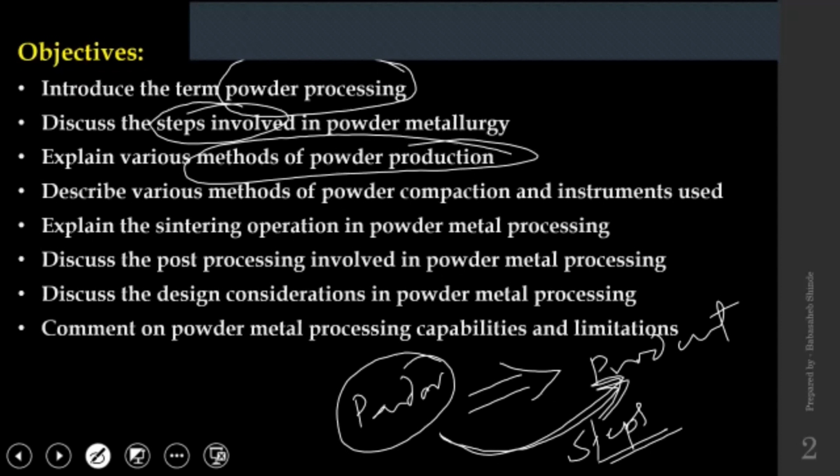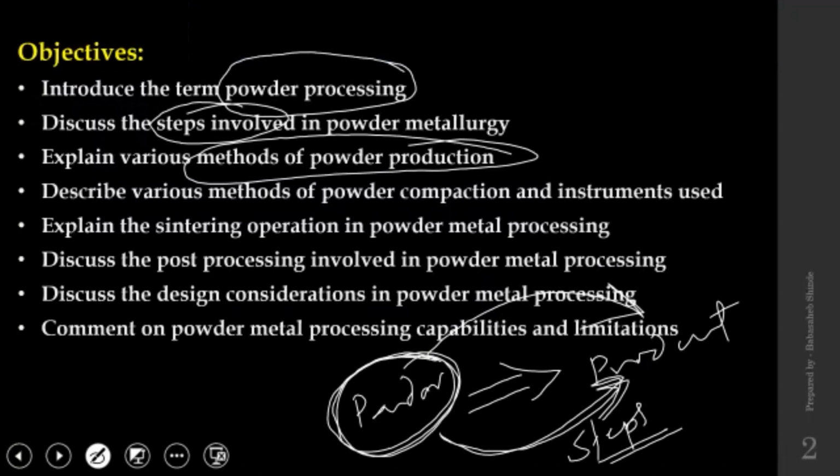When I'm saying that powder metallurgy is the conversion of metal powders into a product, these metal powders are not going to be freely available in nature, right? Whenever you extract any metal from nature, it is going to be in its raw form. It will be in the form of a compound. It will be mixed with some additional materials. It is not going to be in its purest form, right?